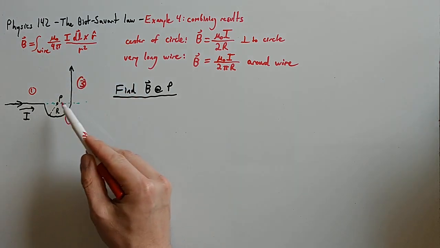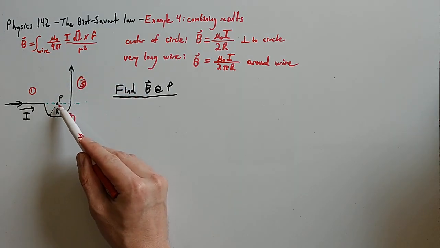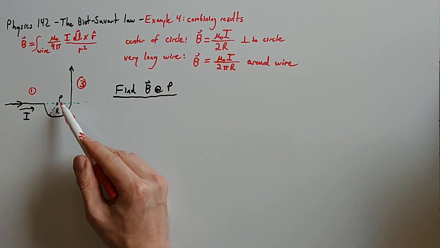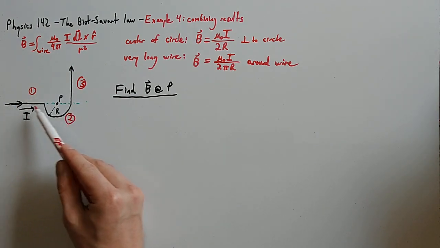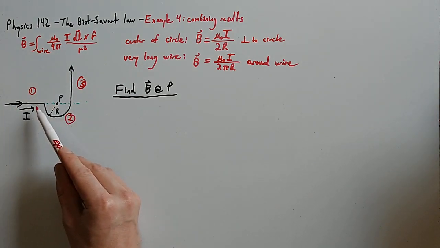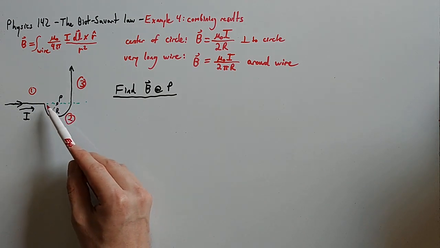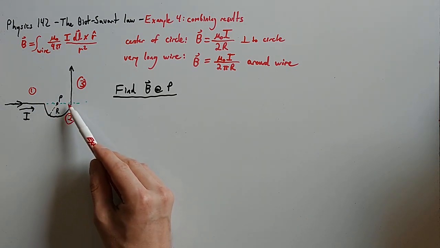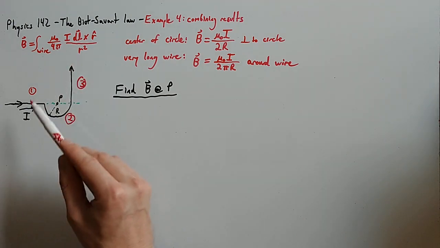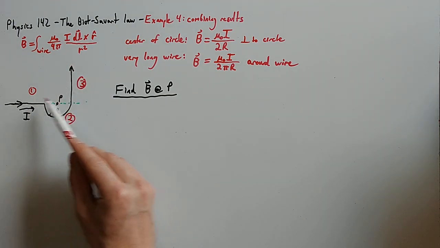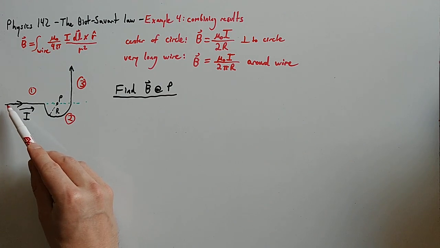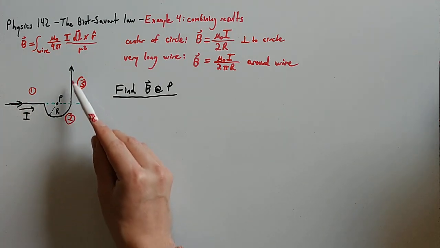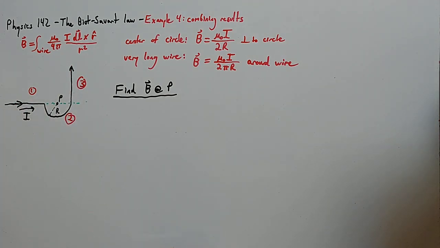And so what we'll need to do to get the magnetic field at point P is compute the magnetic field at P from this first bit of wire, the magnetic field at P from this second bit of wire, and the magnetic field at P from the third bit of wire, and add them all together, right? Basically, the magnetic field is the magnetic field from every little piece of the wire, so we'll want to add all of them together.